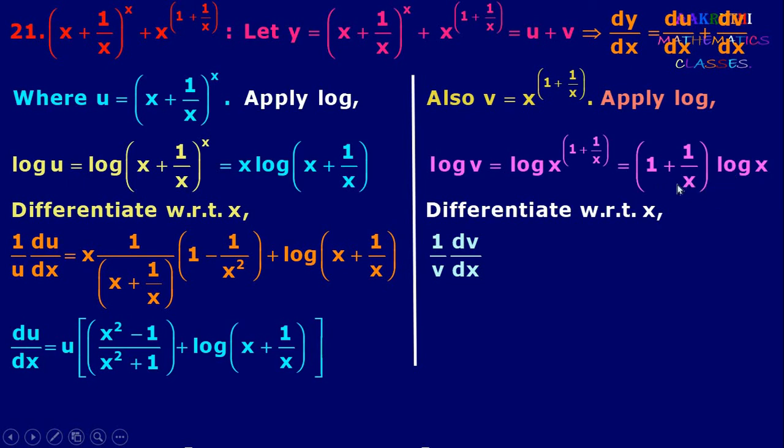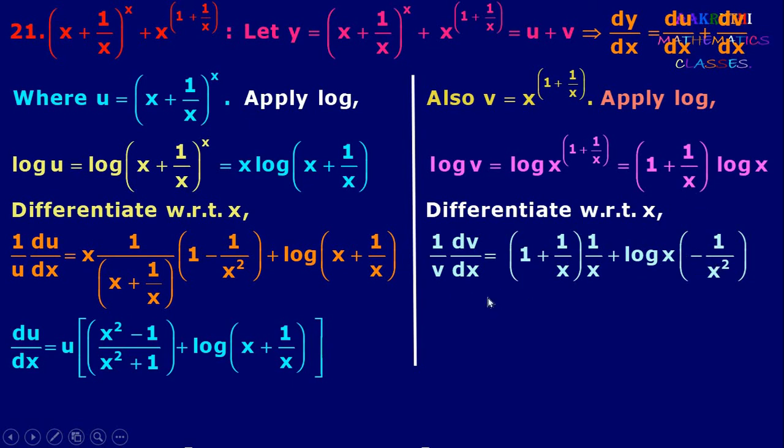Right, first function it is (1 plus 1 by x) as it is, and log x differentiation is 1 by x, plus log x as it is, and (1 plus 1 by x) differentiation is minus 1 by x square. 1 is constant, differentiation is 0, and 1 by x differentiation is minus 1 by x square.